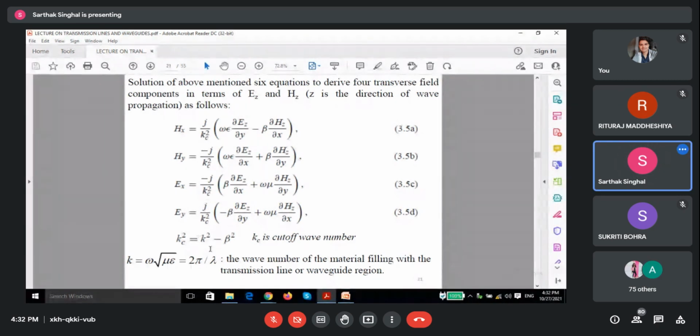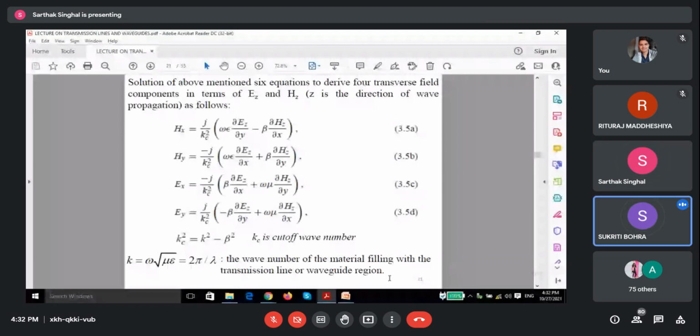Now in this, Kc will be your cutoff wave number, and K is the wave number, which we talked about in the case of transmission lines also. In this case, your K will be dependent on the permittivity of the material which is filling the transmission line or the waveguide.